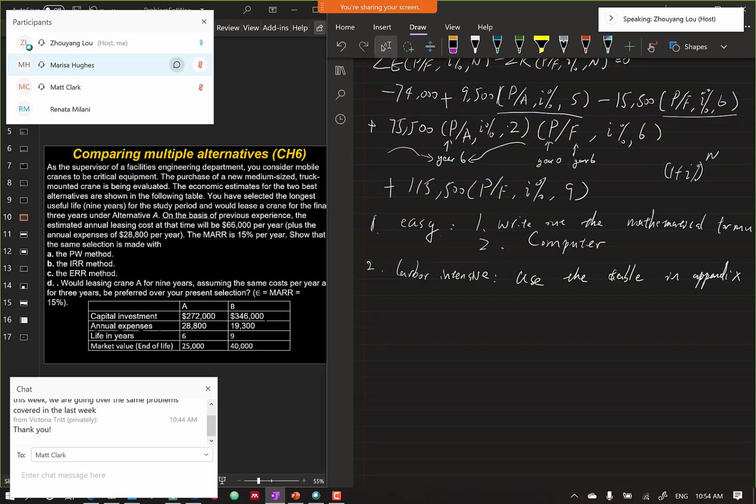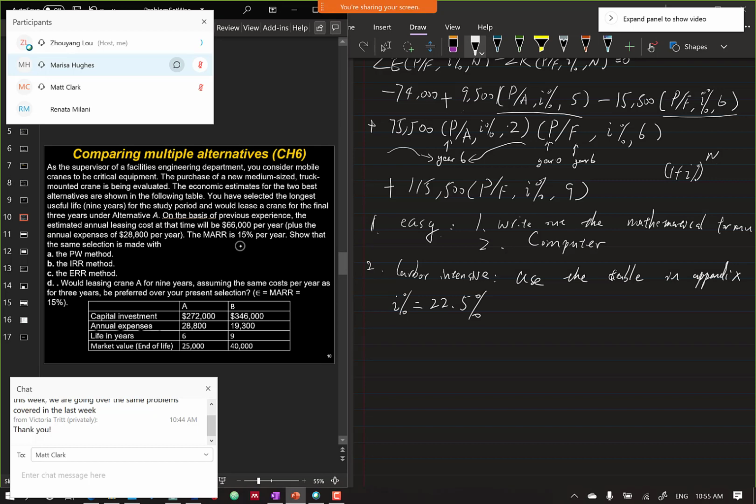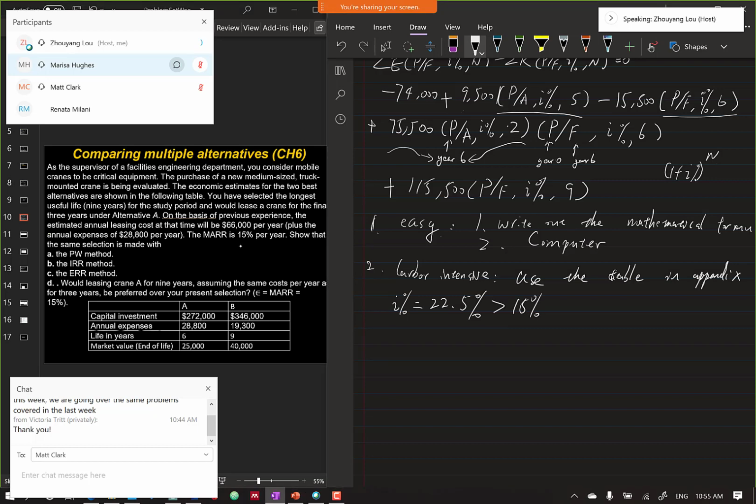Then let me just give you this i value, and that will be 22.5%. And the given interest rate is just 15, right? Yeah, I think that's 15 here. So that's greater than the 15% interest rate.